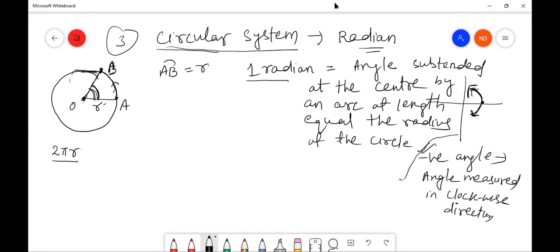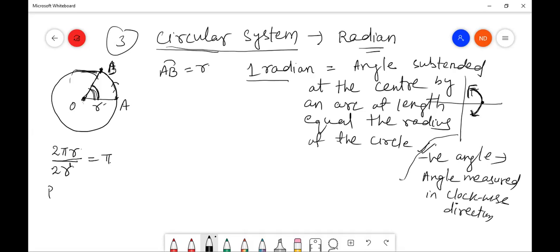After defining the radian, now you see, if you take any radius and any angle, you will always find that the perimeter of the circle is to the diameter of the circle, and the diameter is 2r, this ratio is always a constant. What I mean to convey is that the circumference to the diameter, for any circle, is always a constant.